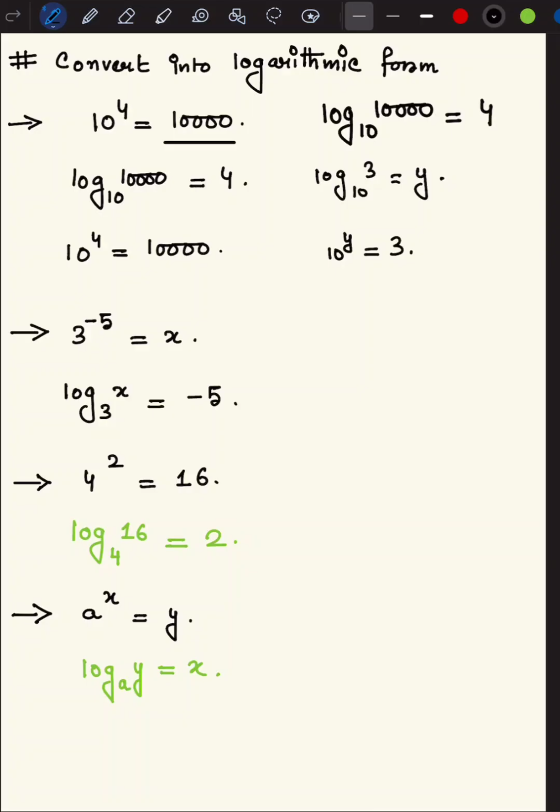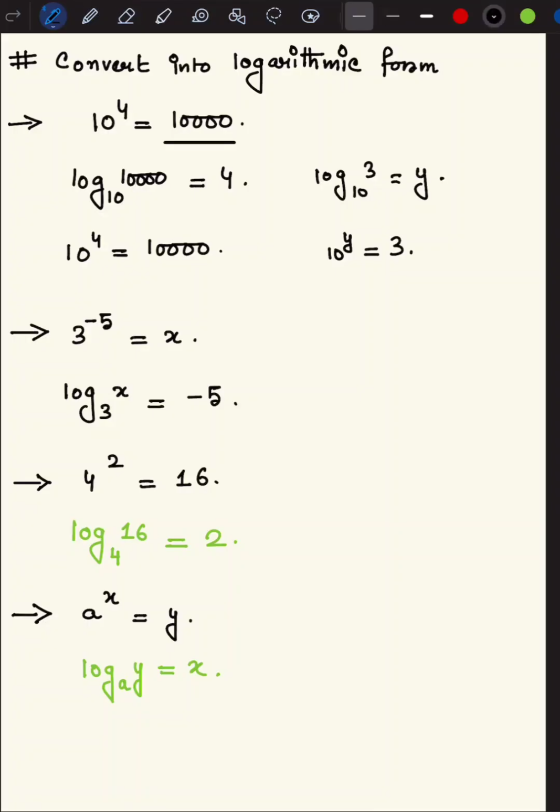So it becomes log 10,000 base 10 is equal to 4, because 10 to the power 4 is equal to 10,000. Understood? So we can write it as log 10,000 base 10 is equal to 4.